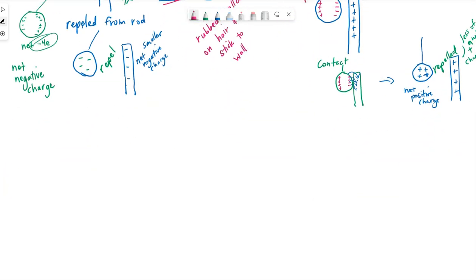If we rub a balloon on our hair, the balloon, wherever we rubbed it, ends up with a negative charge. So with me drawing the negative charge on the right side here, that assumes that I rubbed this side on my hair.